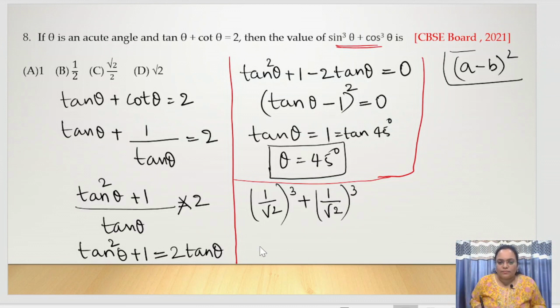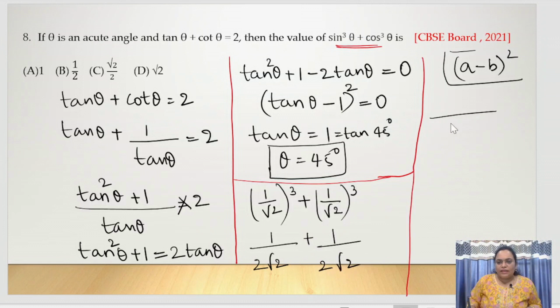So this becomes 1 by 2 root 2 plus 1 by 2 root 2. So when you take the LCM, you will get 2 root 2. Here you will get 1 plus 1, which is 2 by 2 root 2. The 2 will get cancelled. Here you will get 1 by root 2.